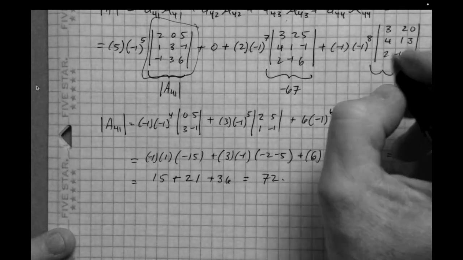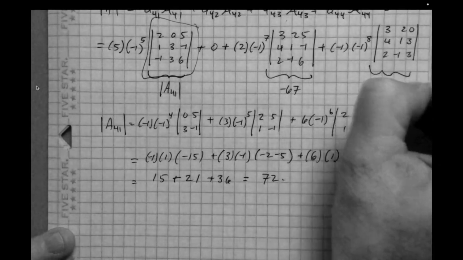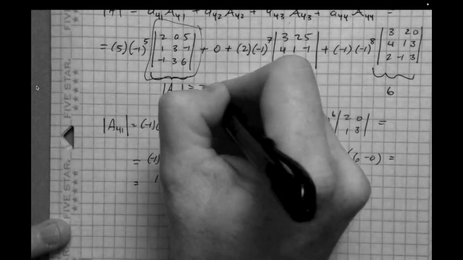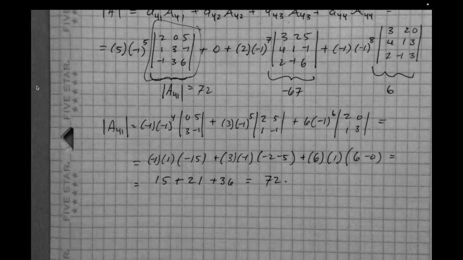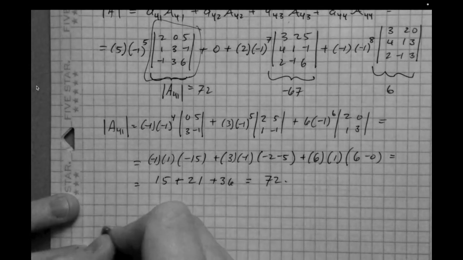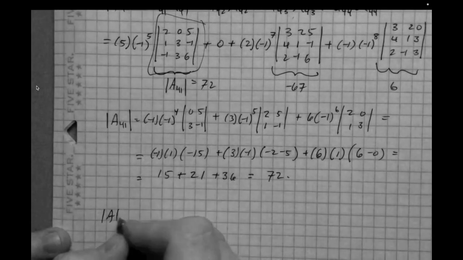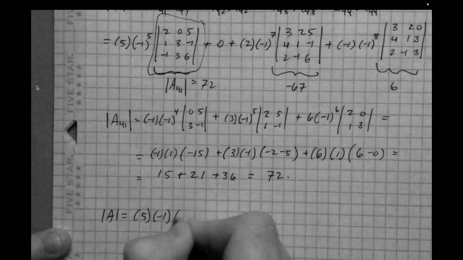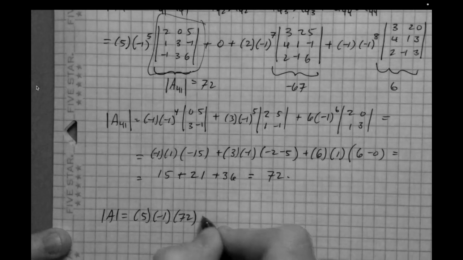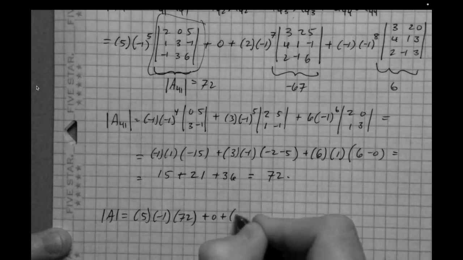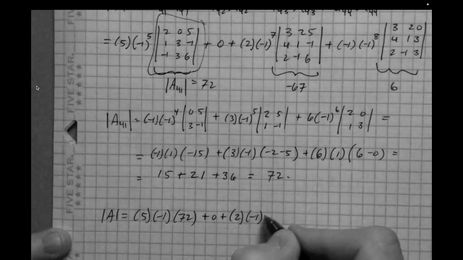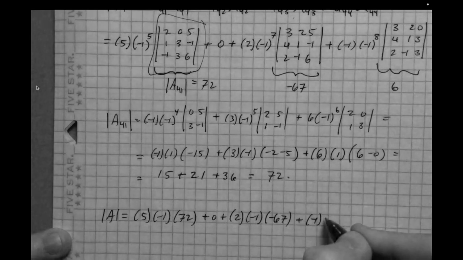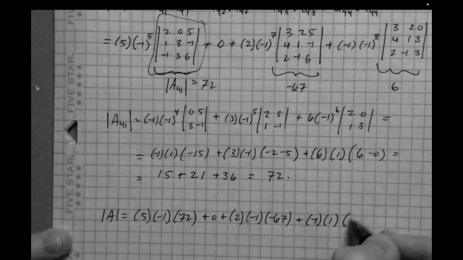This is negative 67, and this one turns out to be 6, and this one we just found was 72. That means the determinant of A is equal to 5 times negative 1 times 72, plus 0, plus 2 times negative 1 times negative 67, plus negative 1 times 1 times 6.